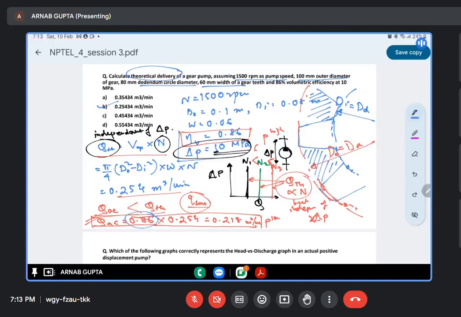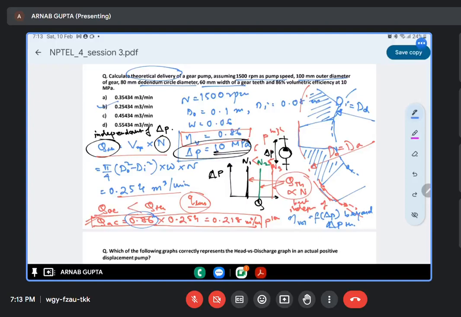For actual pumps, this volumetric efficiency is a function of delta P beyond a threshold value. I'm telling PTH. So beyond a particular pressure, the volumetric efficiency starts decreasing as the delta P is increasing.